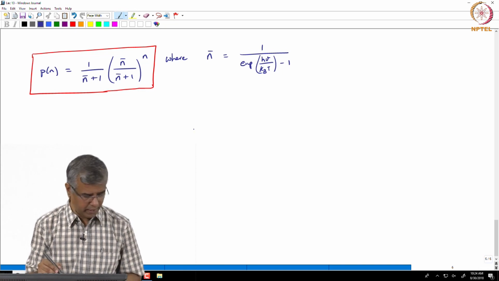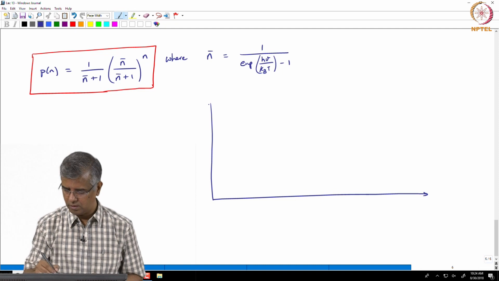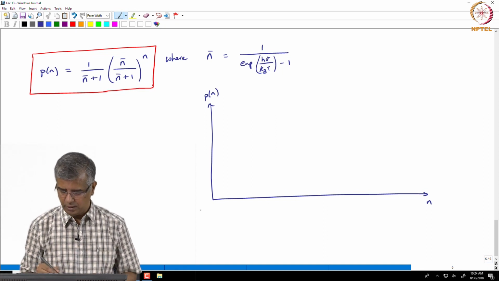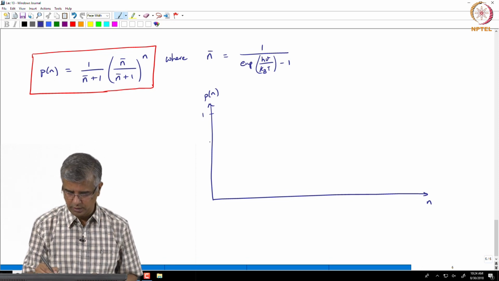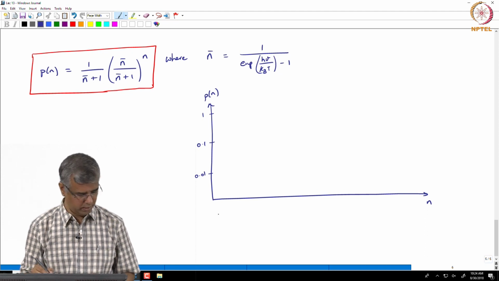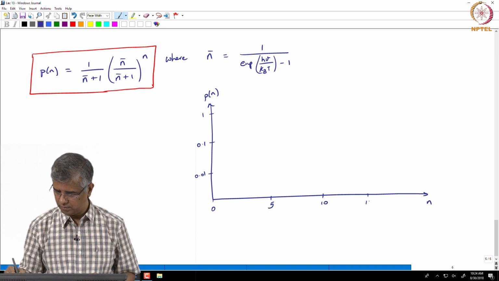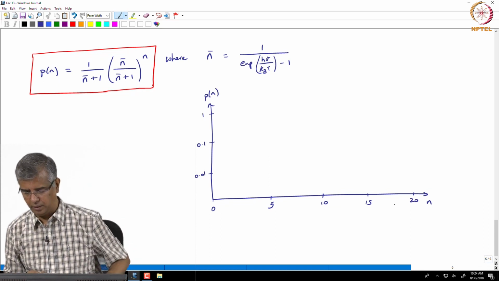And for thermally excited light sources, if we look at P of n as a function of n, okay, let us say P of n corresponds to 1, 0.1, 0.01 and lower than that, and n corresponds to 0, say 5, 10, 15, 20 and all that.